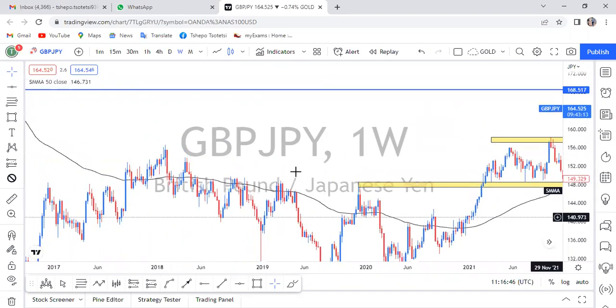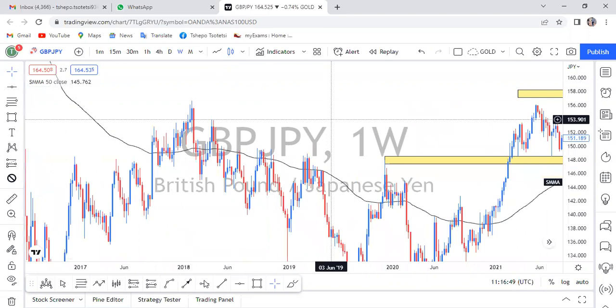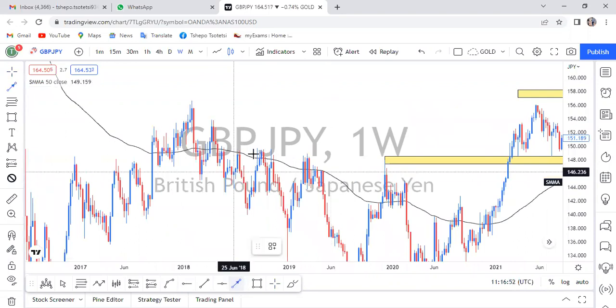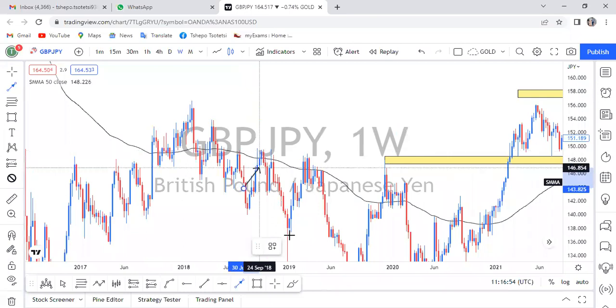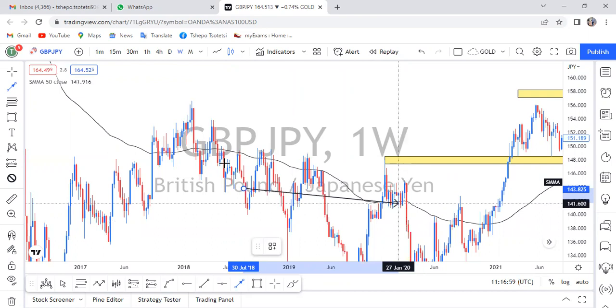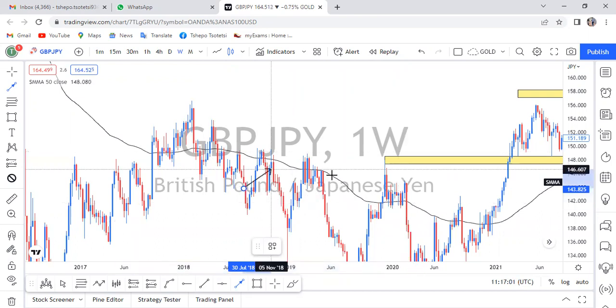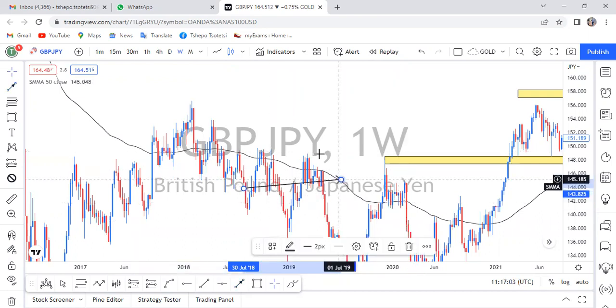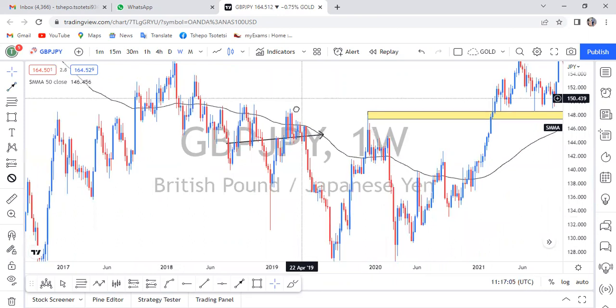Do we see? We can see when price is below the 50 SMA, our SMA is acting as a resistance.